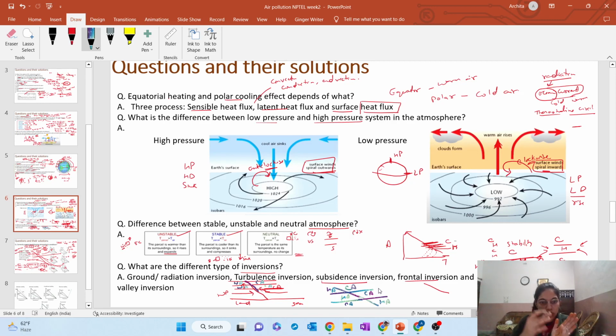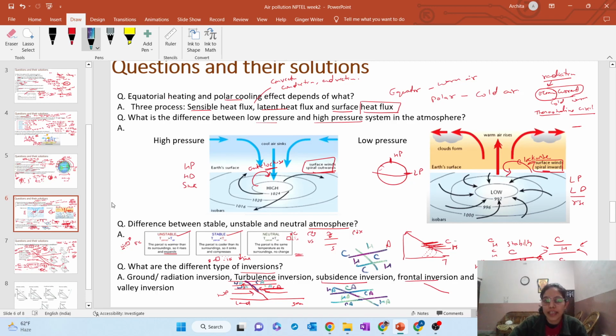So on one side there will be hot cold hot, on the other side there will be cold hot cold. Because this is at an angle, it forms a cold air, hot air, cold air structure on one side, and on the other side a hot air, cold air, hot air structure. So this is frontal inversion, which occurs at an angle.